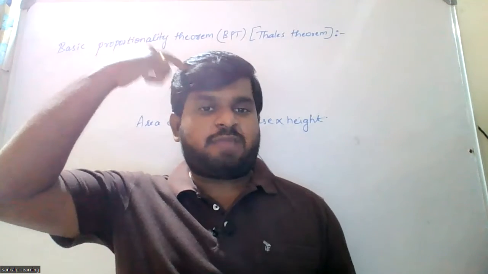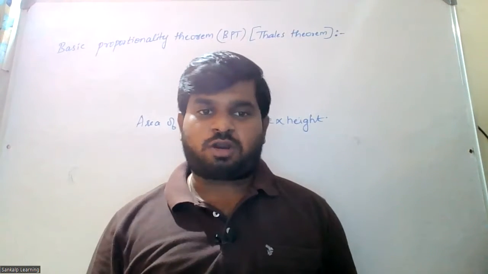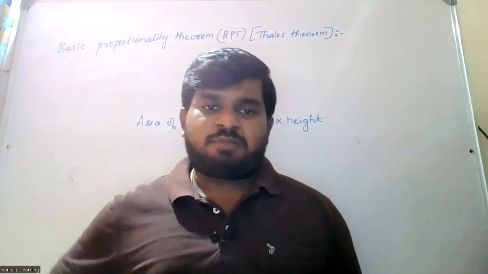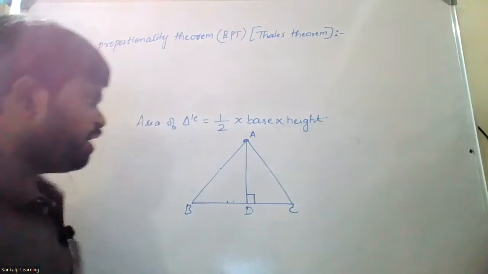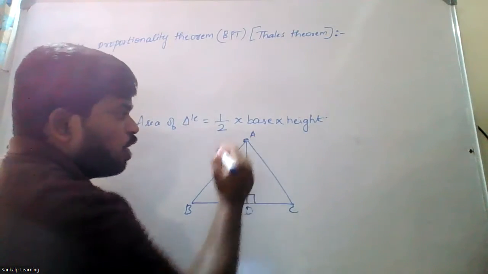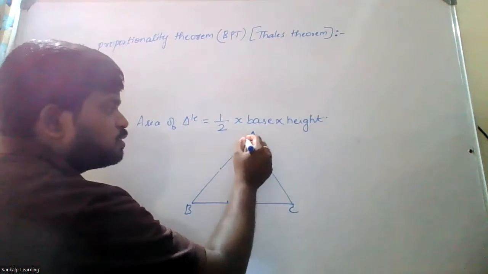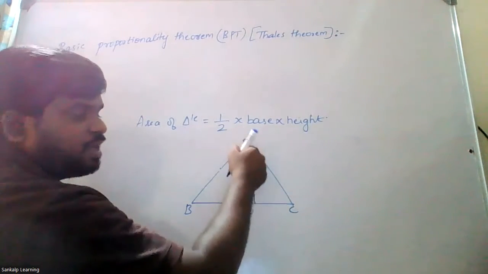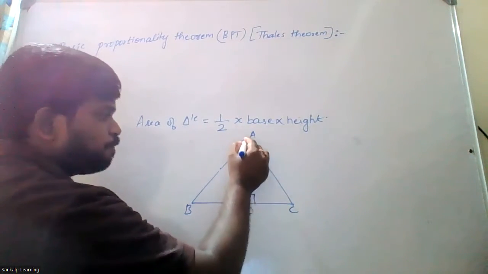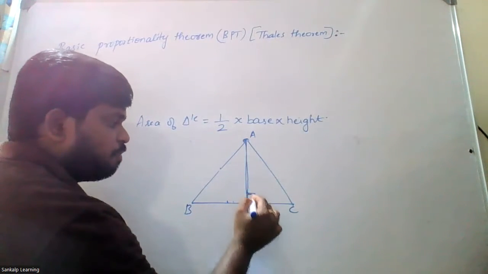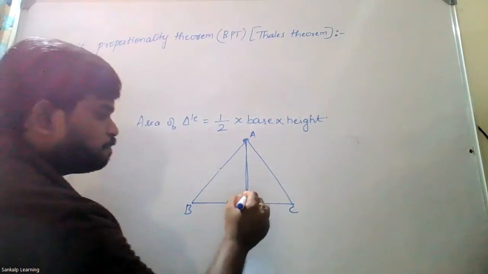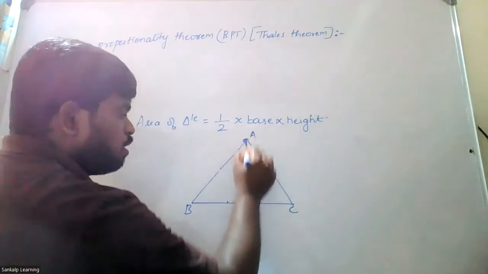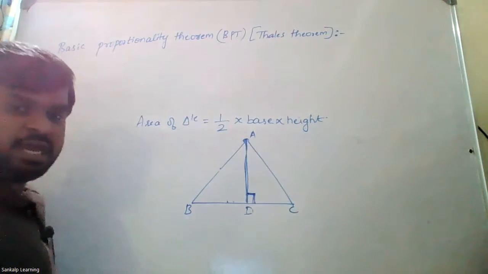You take the tape from top of the head to the bottom, isn't it? We don't start from our hips, right? So in the same way, the perpendicular line should come from the top, meaning the opposite vertex. Which is the opposite vertex? A. From the opposite vertex, we'll drop a perpendicular. This perpendicular will act as the height.